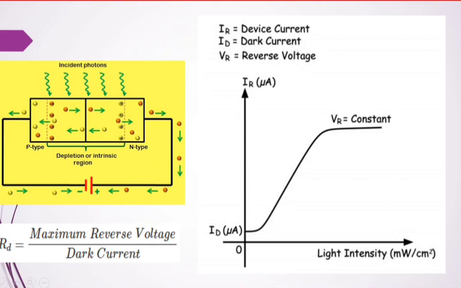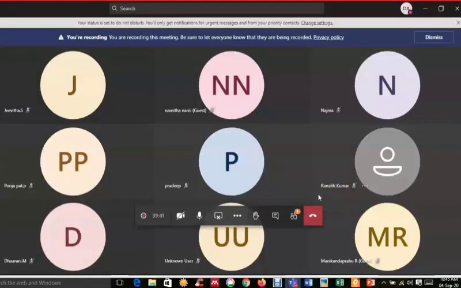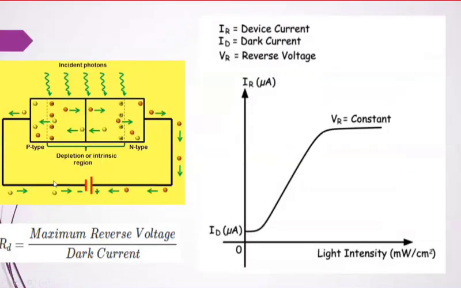This is the main principle of working of photodiodes. Now we are going to calculate the dark resistance, RD. Dark resistance is equal to the maximum reverse voltage divided by the dark current.